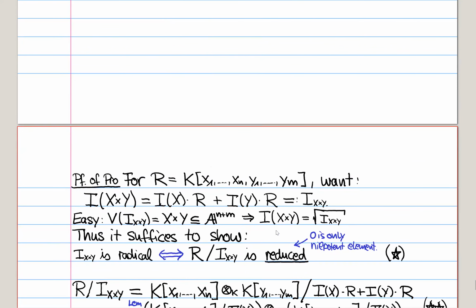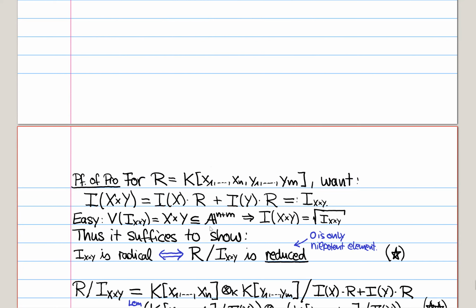One thing that is not so hard to show, and this is what is needed for the exercise at the beginning of the chapter, is that if you take I(X) plus I(Y) and take its vanishing locus in A^(n+m), then you get exactly X cross Y.